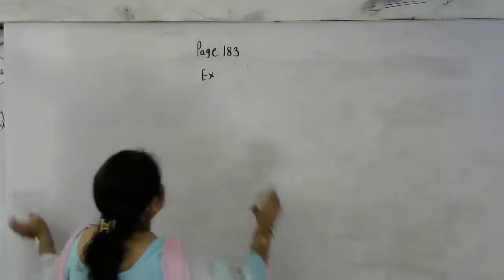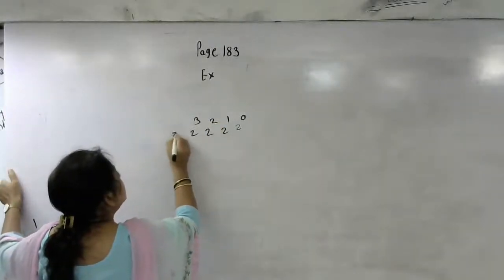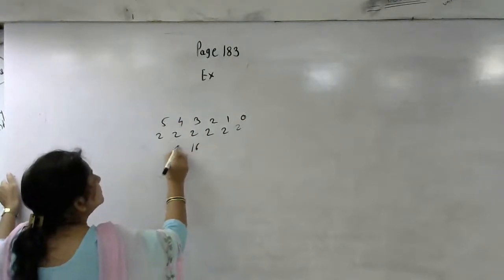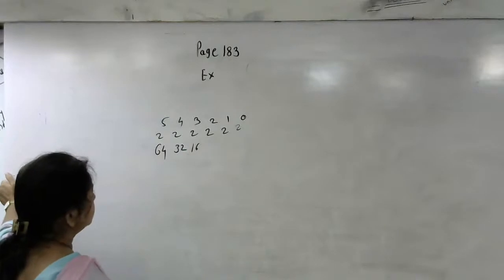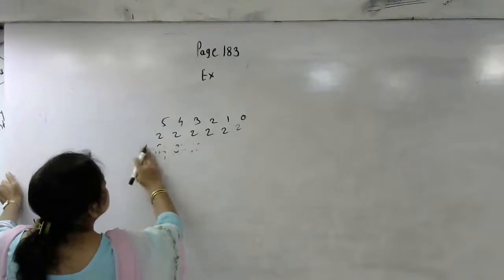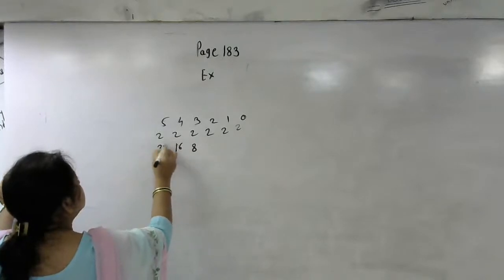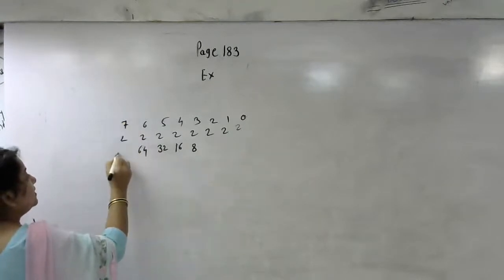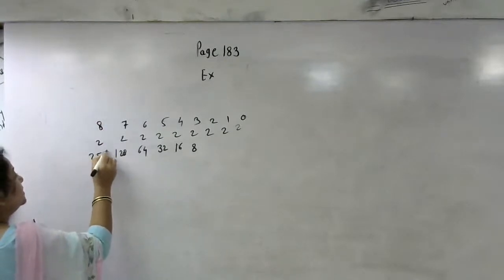For that, you know 2 raised to 0, 2 raised to 1, 2 raised to 2, 2 raised to 3, 2 raised to 4, 2 raised to 5. Here 16, 32 and here 64. 2 raised to 7, 128. 2 raised to 8, 256.